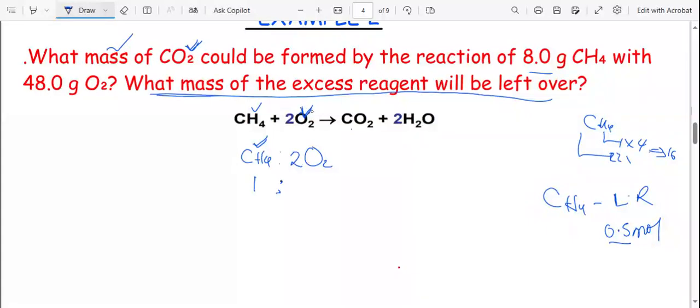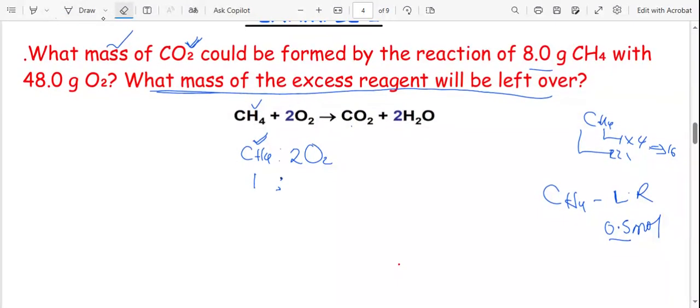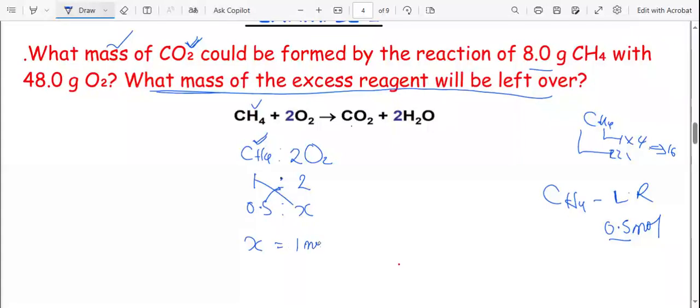It has 2 there, and the moles of CH4 is 0.5, then 2 over x. So x is equal to 1 mole.